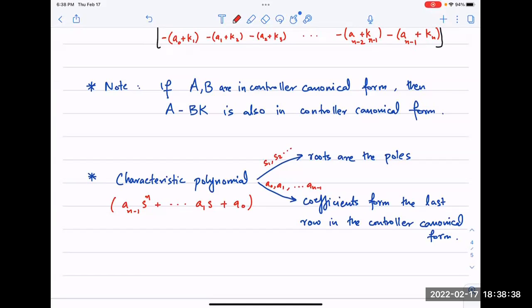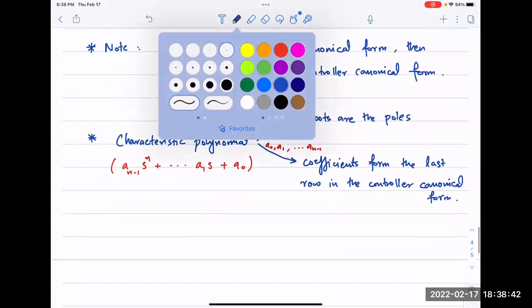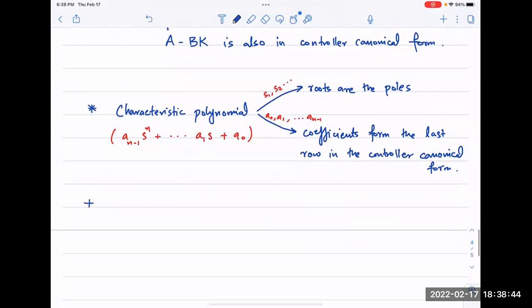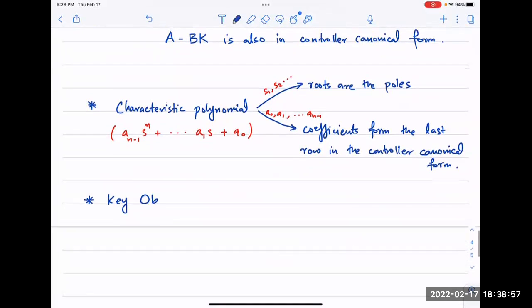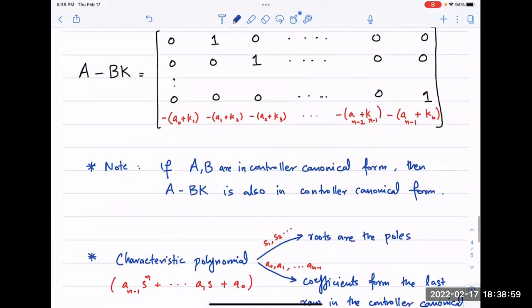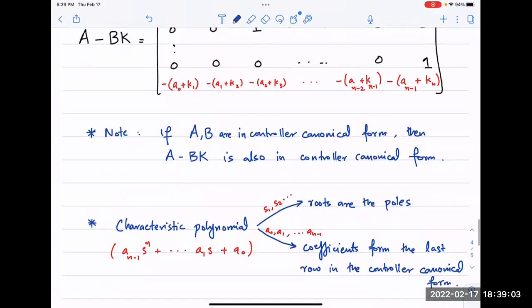So the observation that we can make here is that when the system is in controller canonical form, each control gain k actually only affects one of the coefficients of the characteristic polynomial. Right, so k1 is affecting here, k2, k3, and so on.